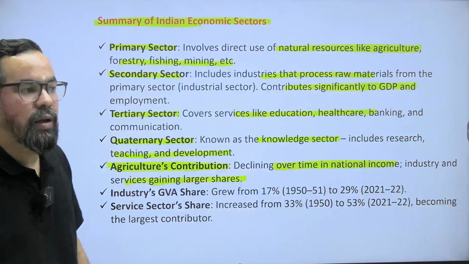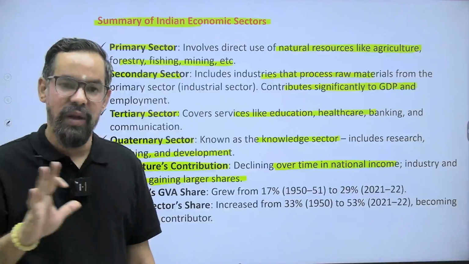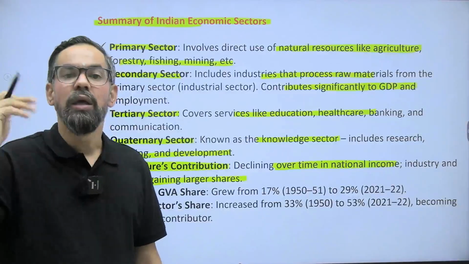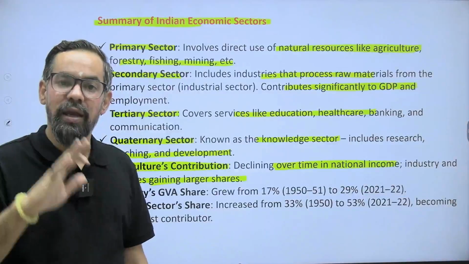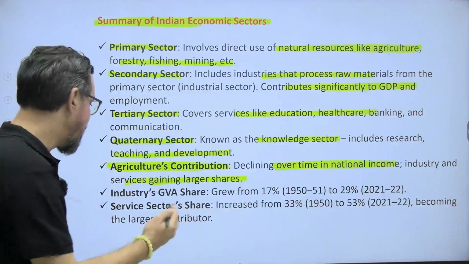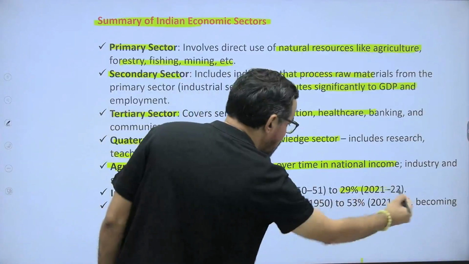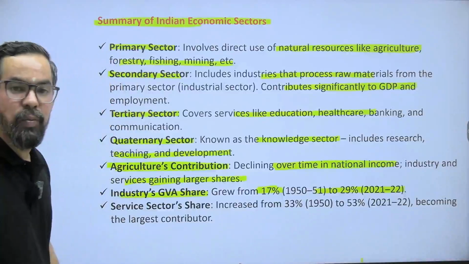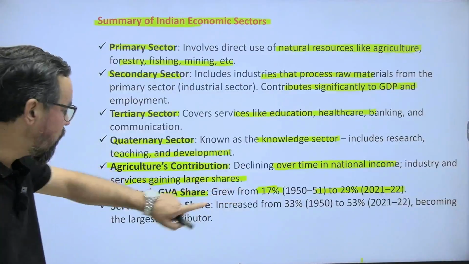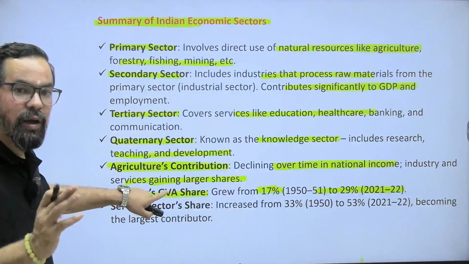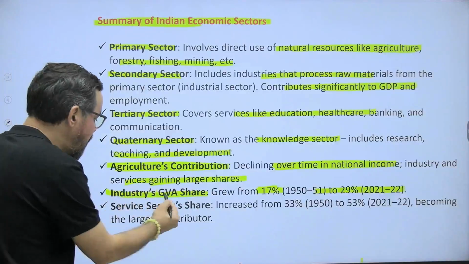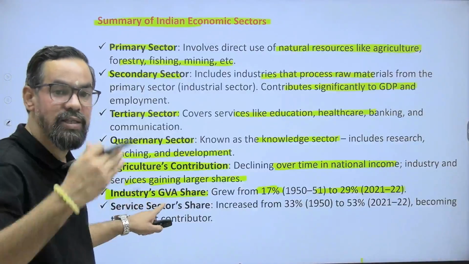So earlier, like even today also, we have dependency on agriculture, but earlier the contribution of the agriculture sector was on the higher side. Industry GVA share went from 17% to 29% in 2021-22. GVA, gross value added, here means the contribution of the secondary sector in GDP.